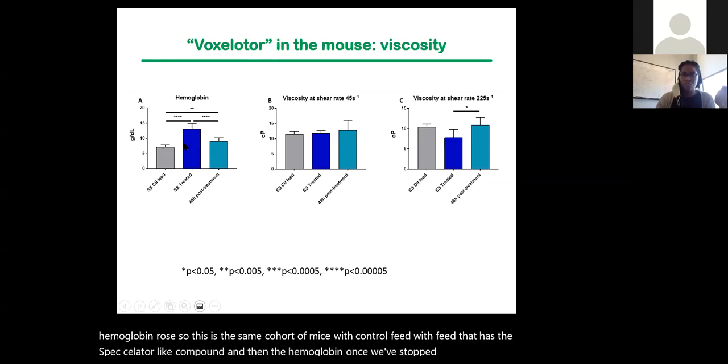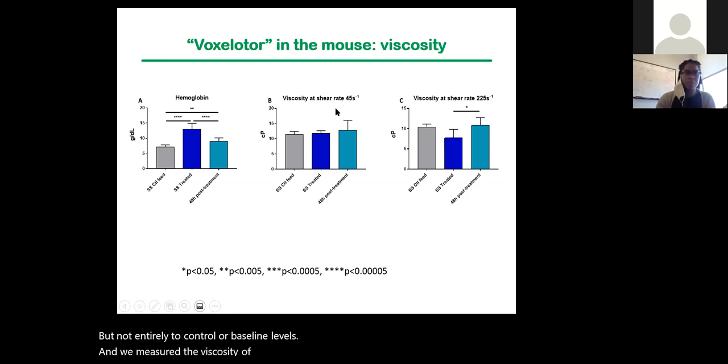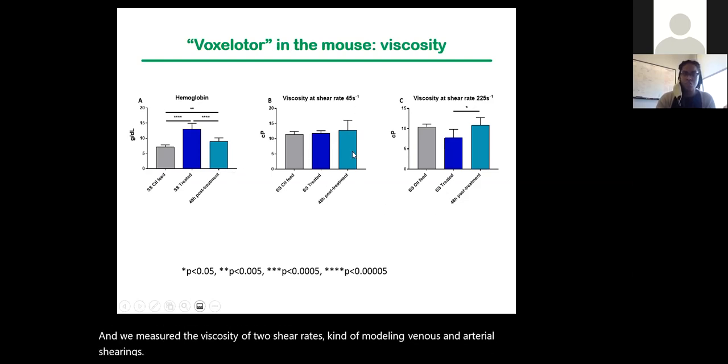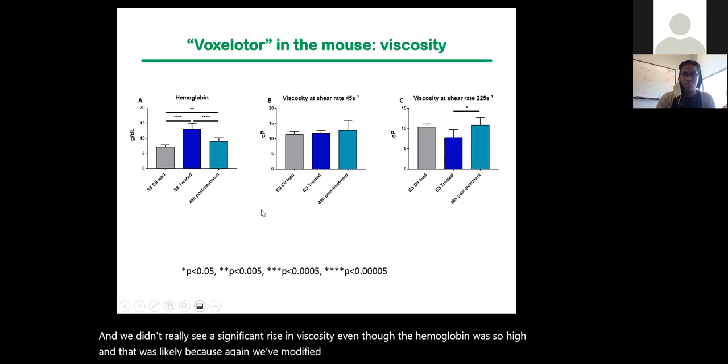And so we got that same expected rise in hemoglobin, which dissipated when the drug cleared, but not entirely to control or baseline levels. And we measured the viscosity at 2 shear rates, modeling venous and arterial shear rates. And we didn't really see a significant rise in viscosity, even though the hemoglobin was so high. And that was likely because, again, we've modified the hemoglobin, we've improved its quality. And so you can have more of it and not pay a viscosity price.